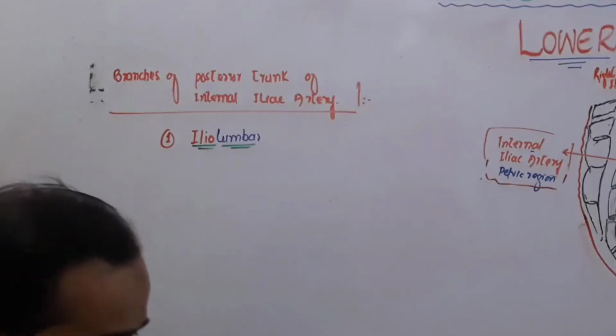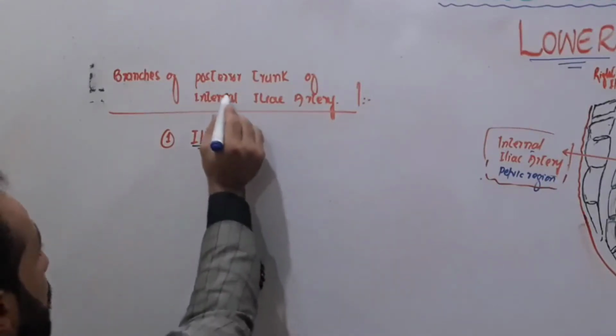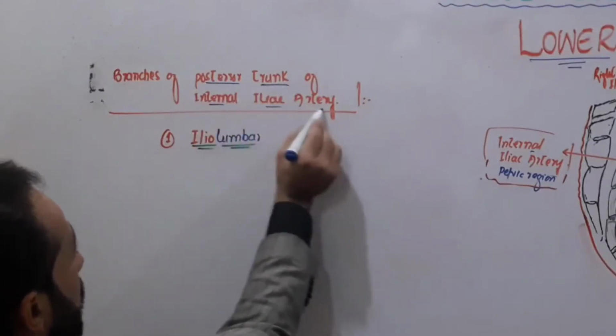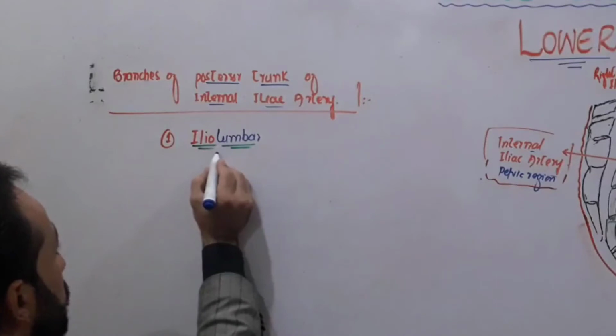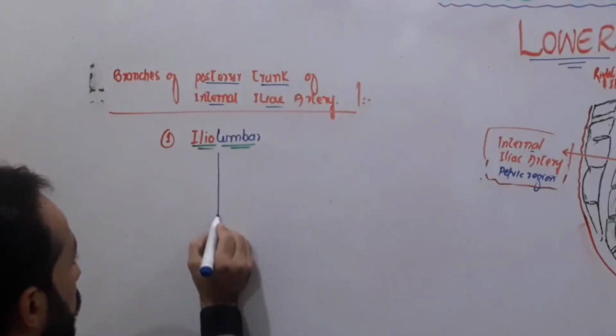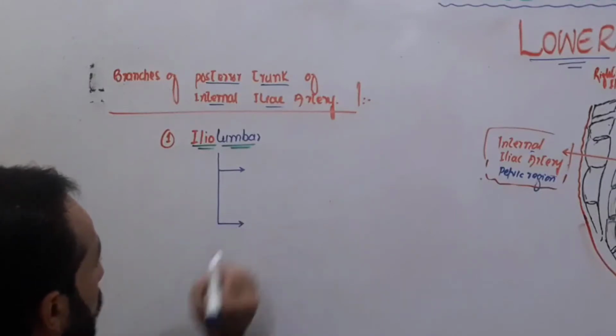So look carefully. I have told you that this is the first branch of this posterior trunk of the internal iliac artery, and this is called the iliolumbar branch, and this branch gives off two further branches. Look carefully, two further branches. And what are those branches?